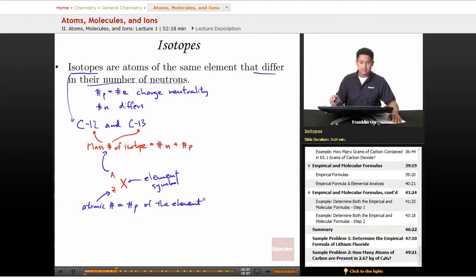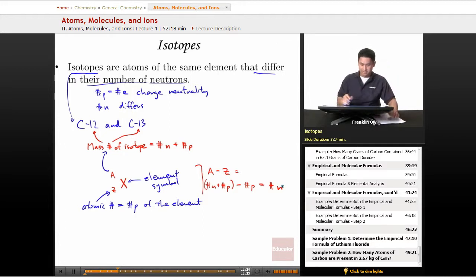Okay, so now a mathematical relation follows that if you take the difference of A minus Z, you're going to get the following: the number of neutrons plus the number of protons, and then minus the number of protons. And as you can see, protons cancels. And so when you take the difference of A minus Z, you simply get the number of neutrons, everyone.